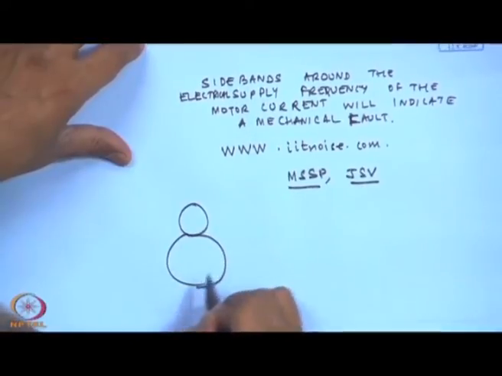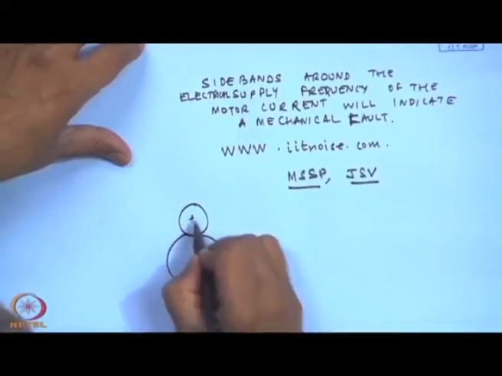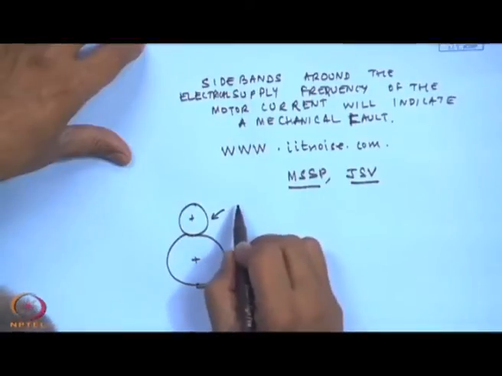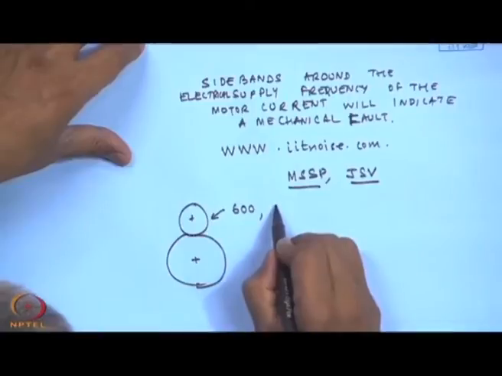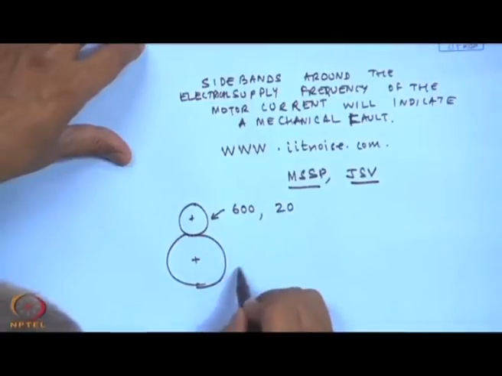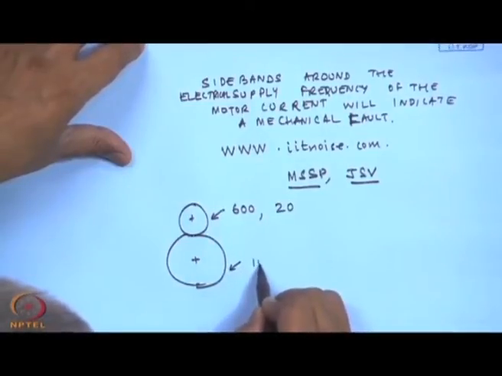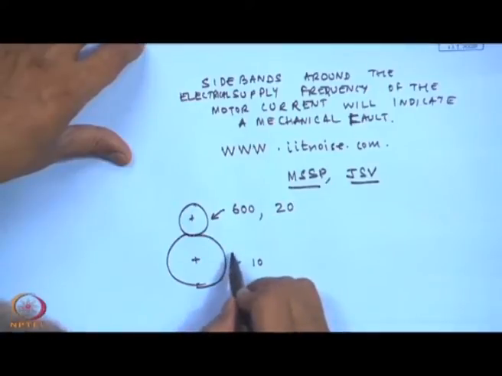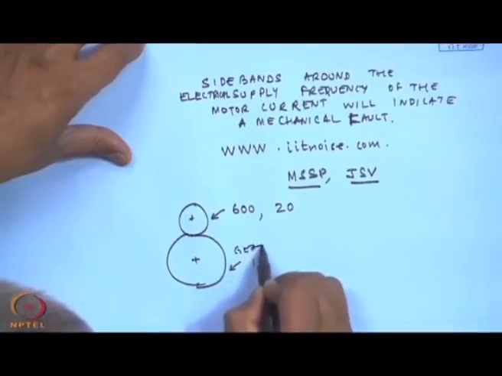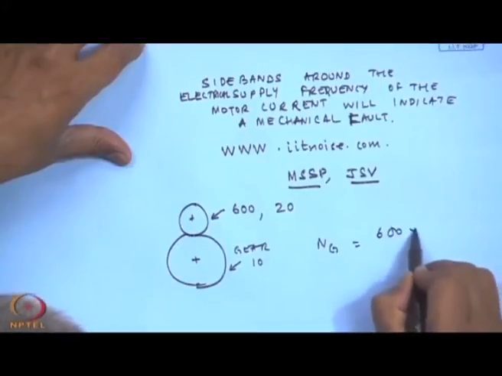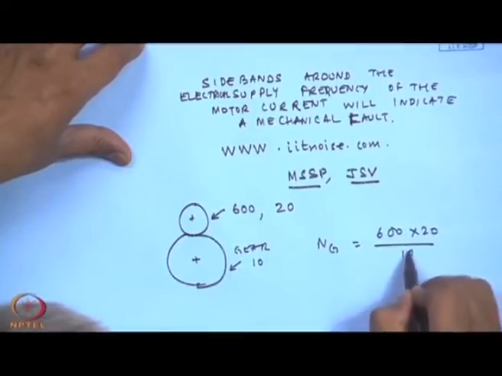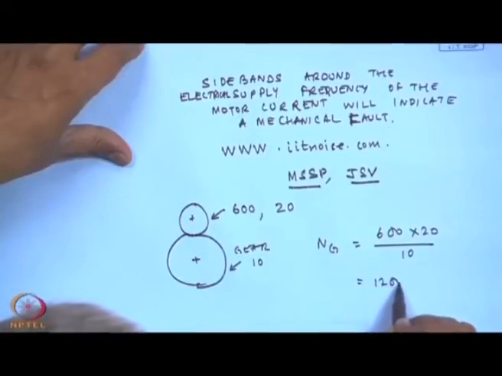Just for the sake of discussion, suppose this is running at 600 RPM and this has 20 teeth and this has maybe 10 teeth. The speed of the gear is nothing but 600 times 20 by 10, about 1200 RPM.